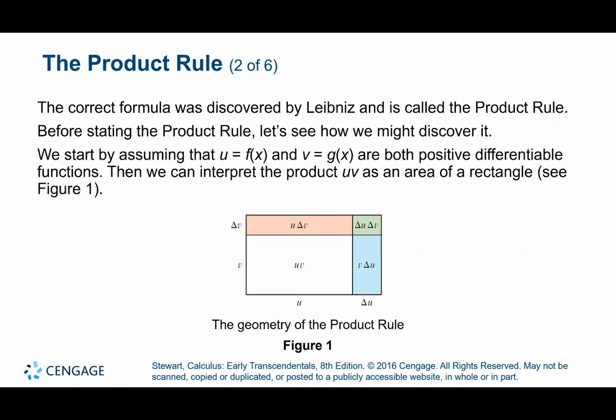It's trying to build your intuition using a rectangle, but I don't think it works well. They're not proving the product rule here. They're just trying to give you an intuitive idea of what's going on. If you want to prove the product rule, one way is to go back to the limit definition of a derivative and do it from there.